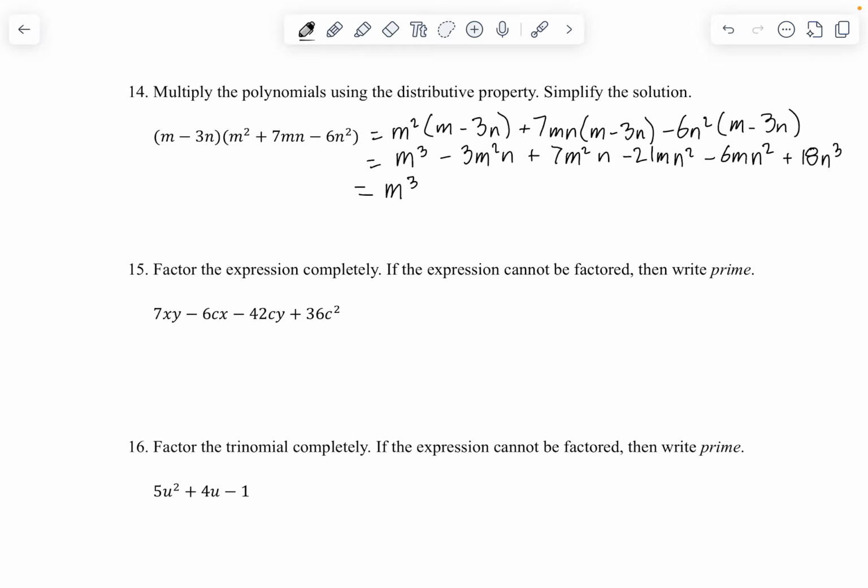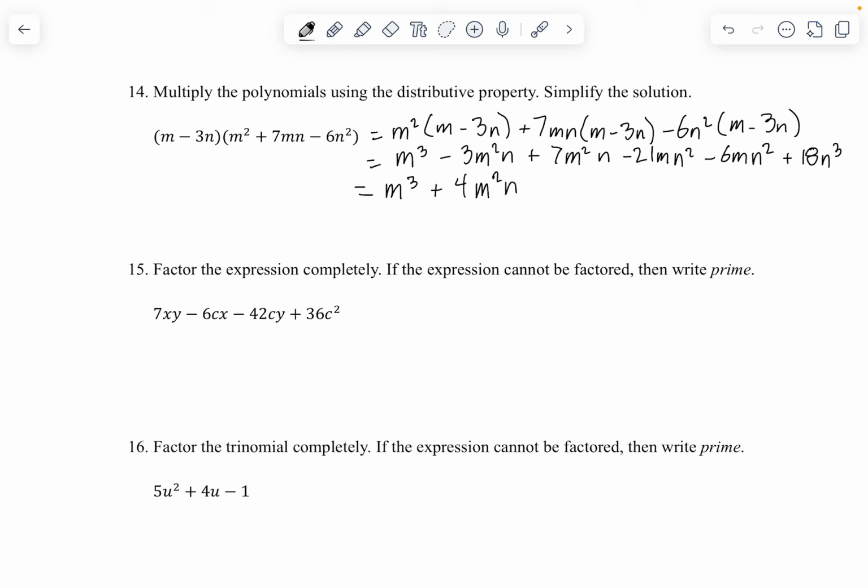Then we should see if we can combine like terms. There's not any other m cubed terms. But let's see, I do have a negative 3m squared n right here. And then I have a 7m squared n right here. So 7 minus 3 is 4, so that becomes 4m squared n.